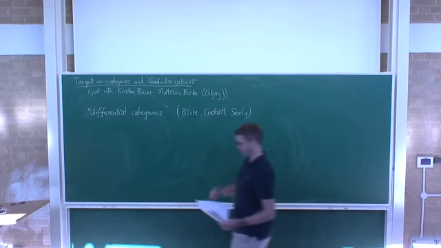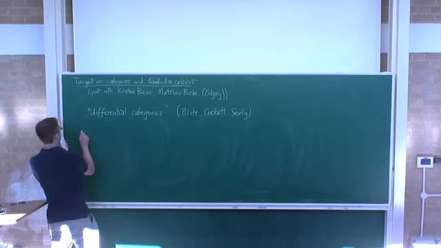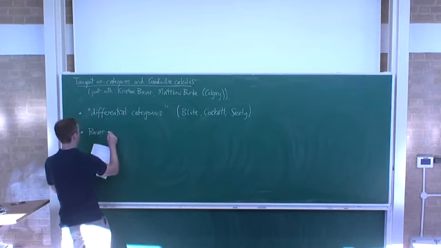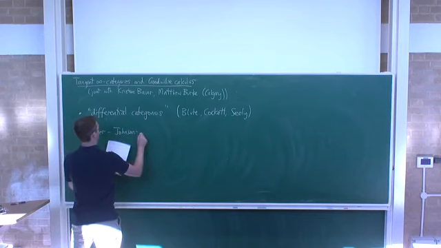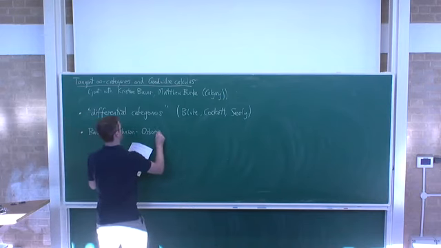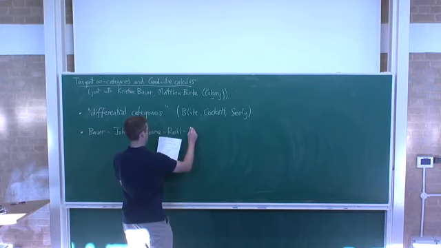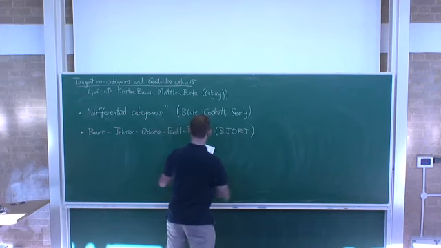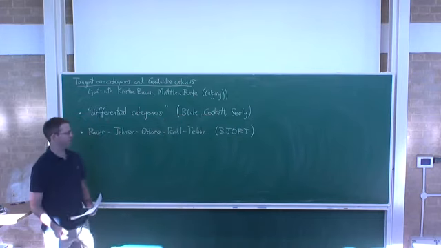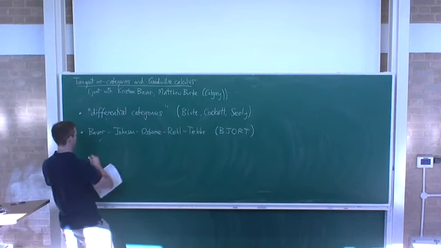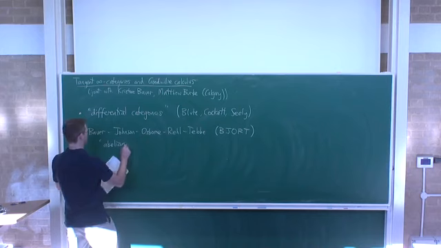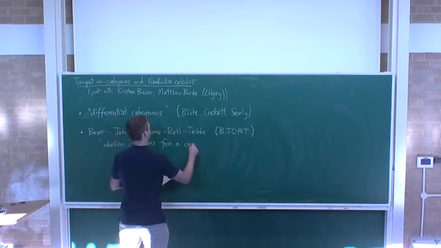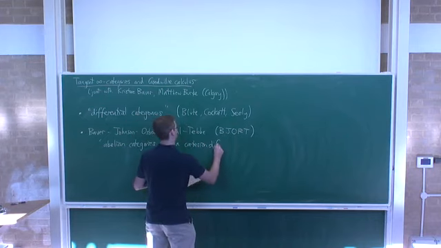So then, somewhat later, more recently, a paper appeared by Christine Bauer, Brenda Johnson, Christina Osborne, Emily Riehl, and Amelia Tebbe. And one of the claims made in this paper, I'm sort of paraphrasing a little bit, but the claim was abelian categories form a Cartesian differential category.